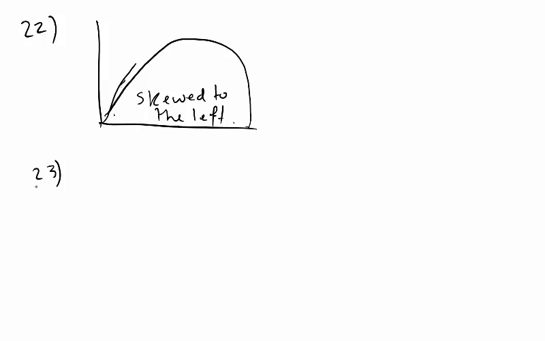In 23, he wants us to construct a frequency polygon for the data. It's the same thing as doing a histogram. Let me just show you here. The first class starts at 50 to 52.